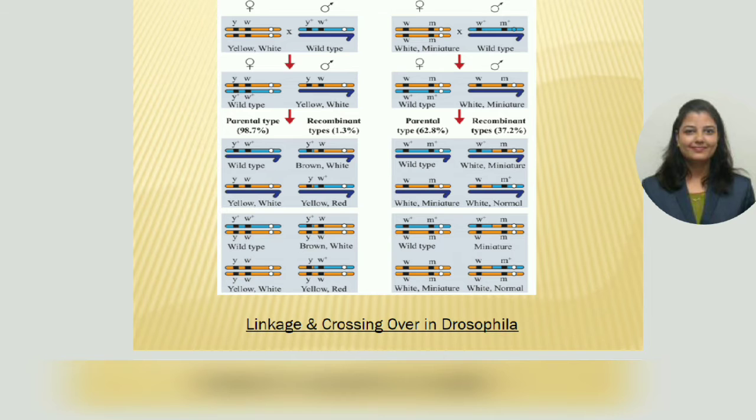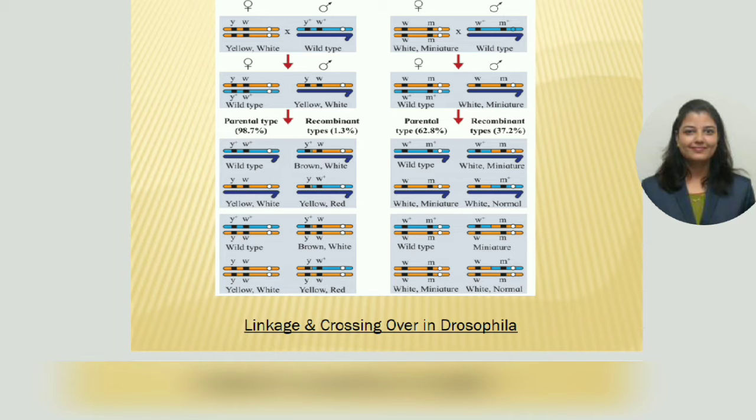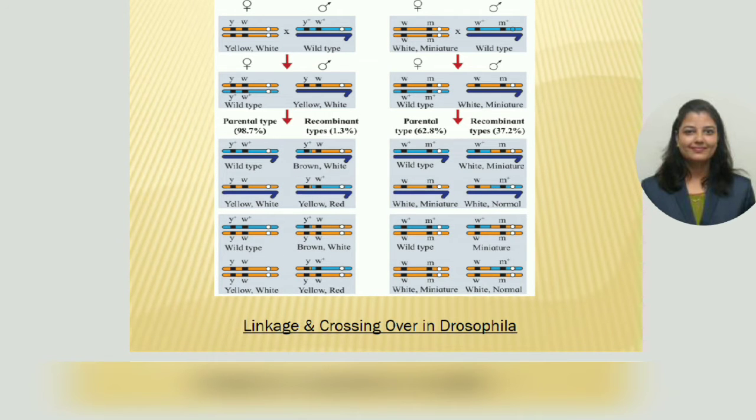Here is Morgan's experiment showing linkage and crossing over in Drosophila. Here you can see two crosses, cross 1 and cross 2. In cross 1, the male has y and w genes, which are closely located on the chromosome, yellow and white, and the female has y plus and w plus, also closely located genes on the chromosome, which is wild type.